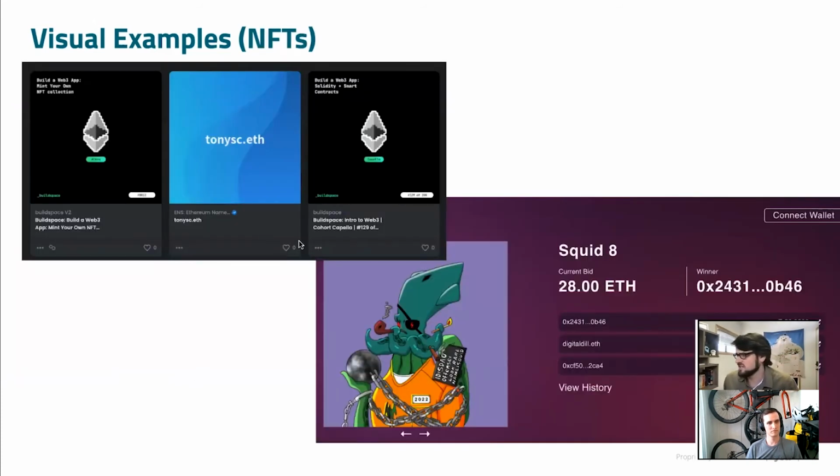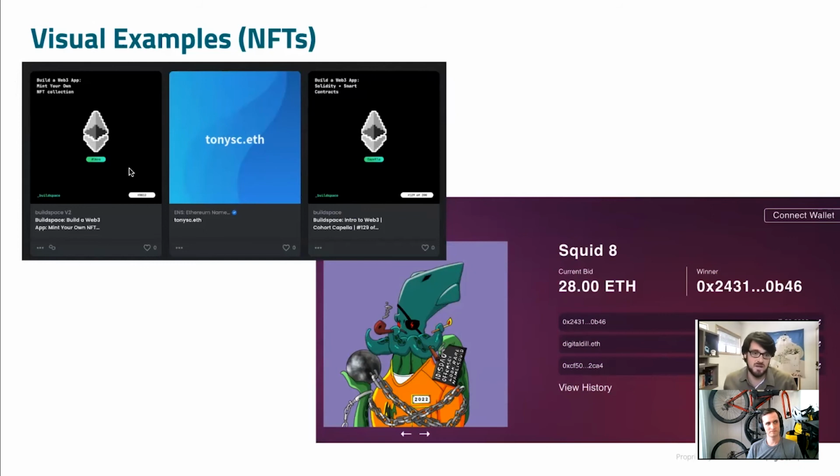And this is an example of some NFTs. I mentioned Will and I took this class called Build Space, so credit to them. As part of completing that class, they sent you an NFT. So this is my crypto resume, which verifies that I actually took that class.